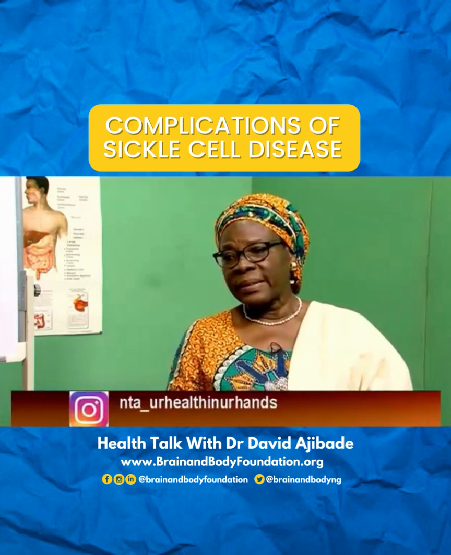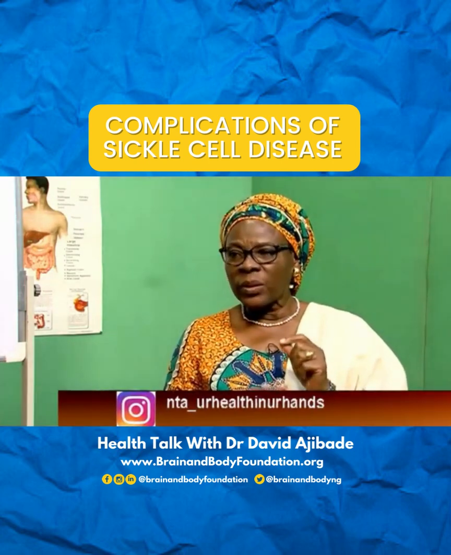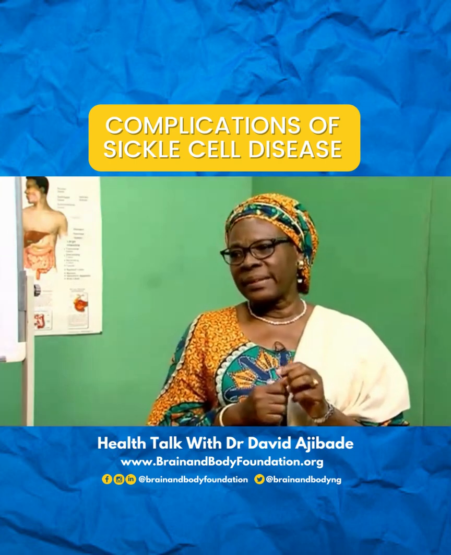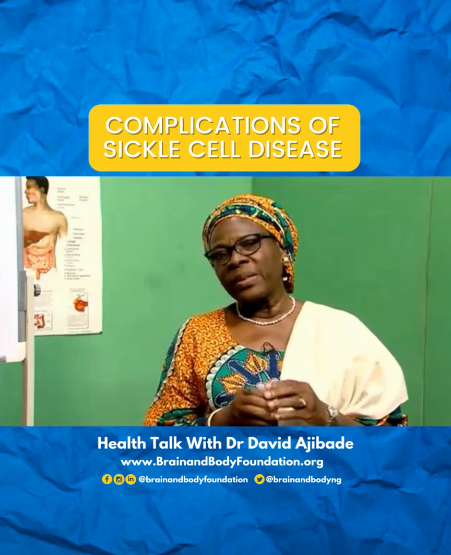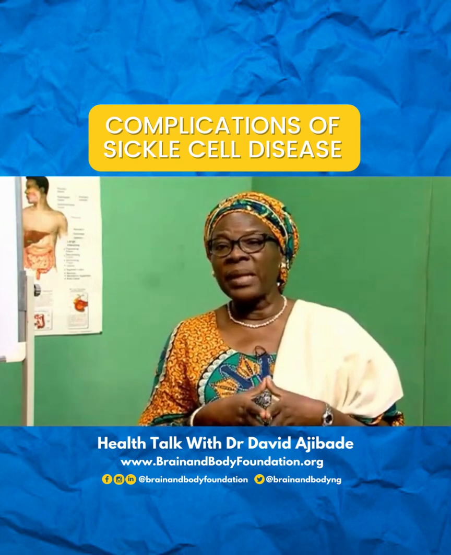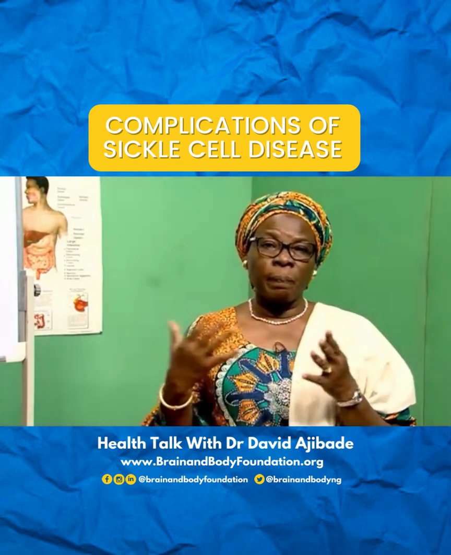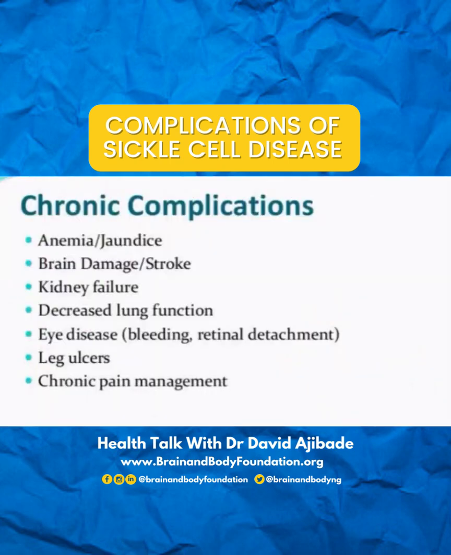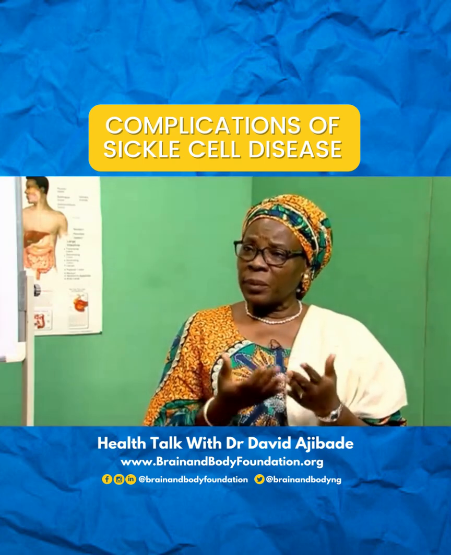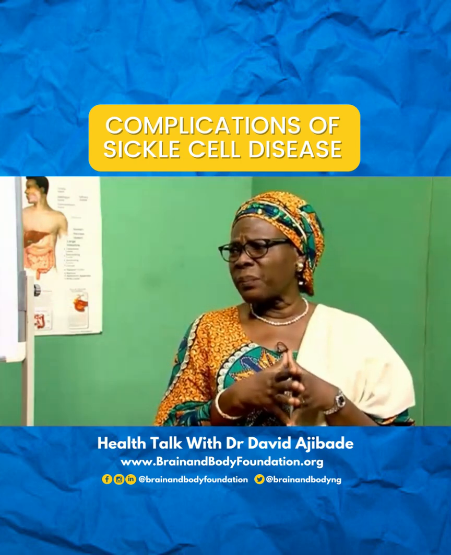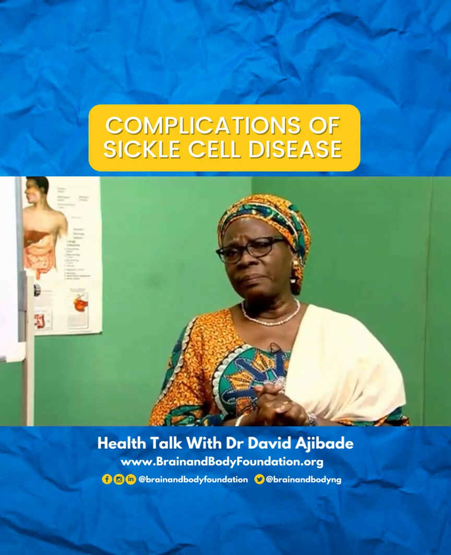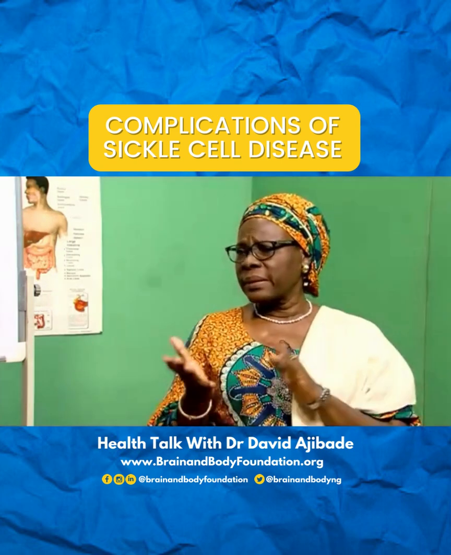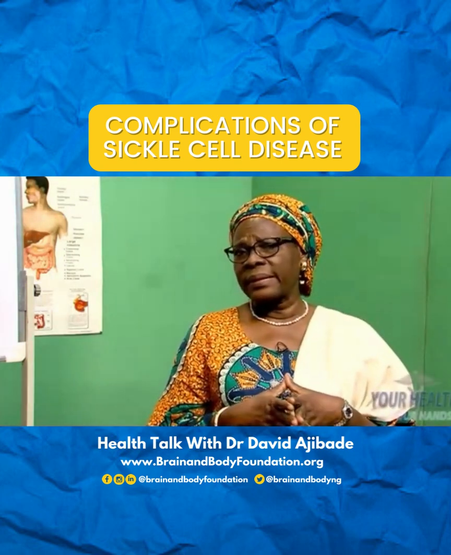In fact, sickle cell disease is one of the commonest reasons why adults in Nigeria are on chronic dialysis from kidney failure, because sickle cell disease affects the kidneys and may lead to kidney failure eventually. You can have it affecting the heart and leading on to heart disease, could affect the lungs, the vertebral column, the bones, all parts of the body. So those are the acute and long-term complications of sickle cell disease that we can have.